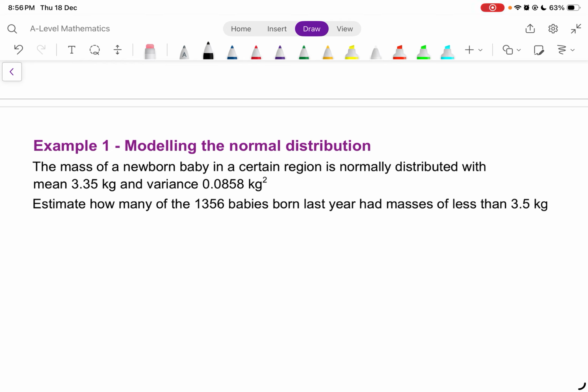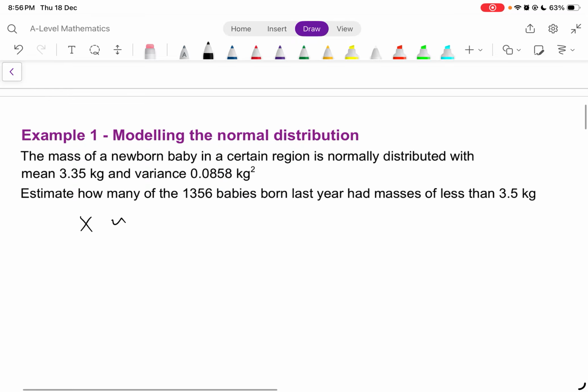Estimate how many of the 1356 babies born last year had masses of less than 3.5. So again, 如果是我的话，我会 reword it so it's easier for me to understand. 然后我们的 probability of x less than 3.5.